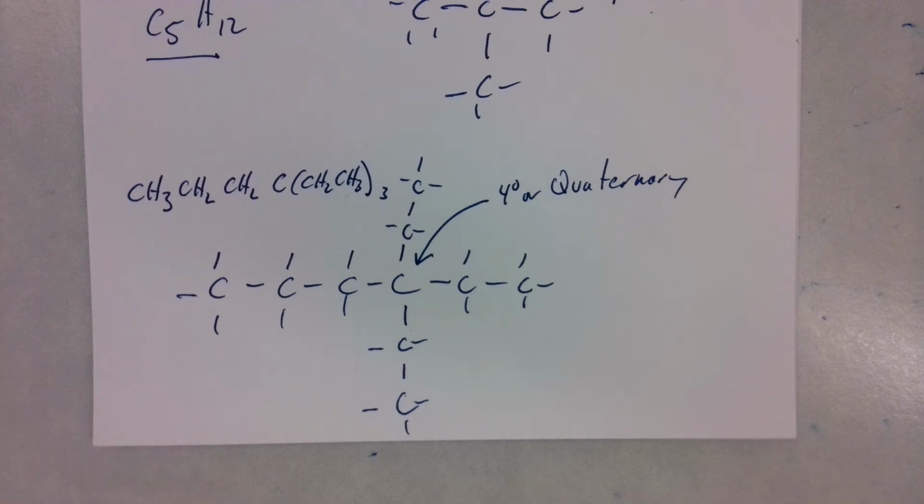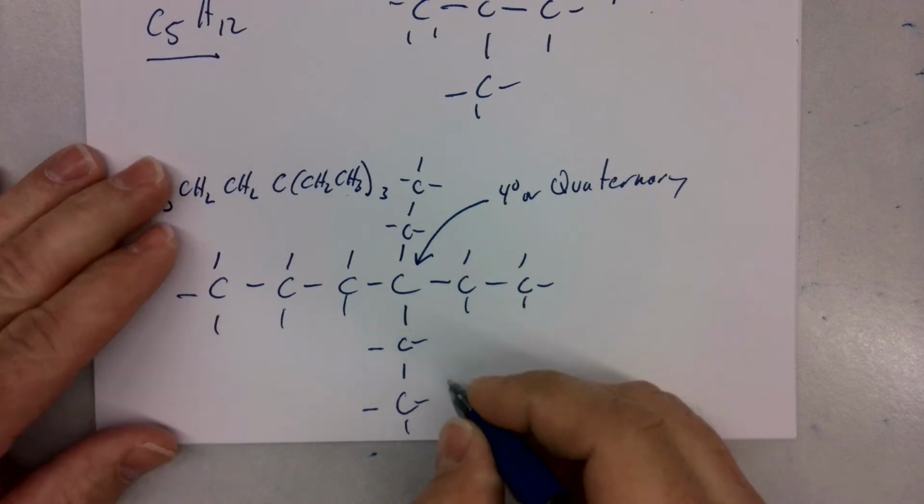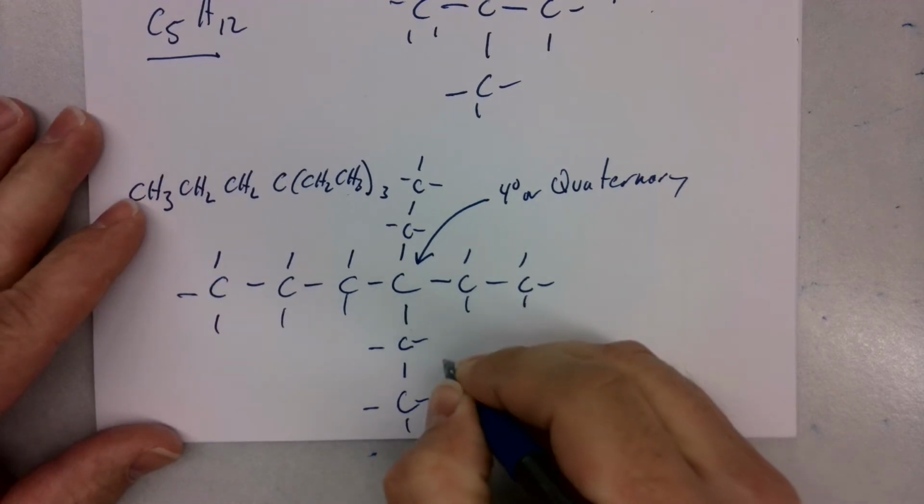Yo, Criddle. So, how you can tell if it's a 1, 2, 3, or 4 degree is just how many carbon bonds. Oh, it's got to be bonded to a carbon, yes. Most of these are pretty much hydrocarbons, but yeah, just carbon-carbon bonds. Okay, and then obviously, this one is going to be what?